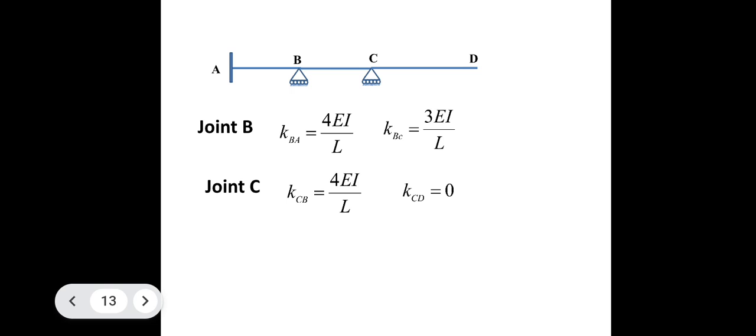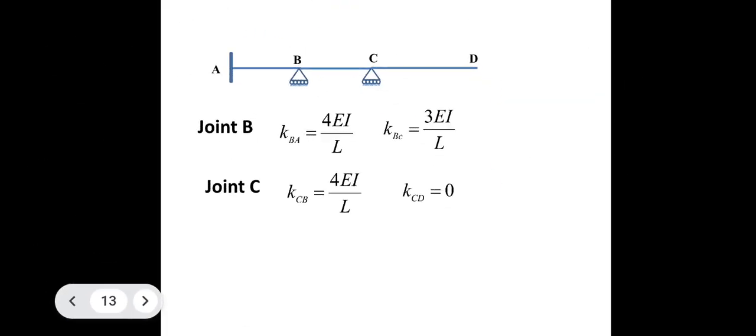For support C, it is not required, but if you want you can calculate it; practically it is required only for support B. For support B, the left support A is fixed, so the value is 4 EI by L. The right support comes under the category of simple, so the value is 3 EI by L. Again, for joints B and C, left support fixed 4, right support C continuous again 4.